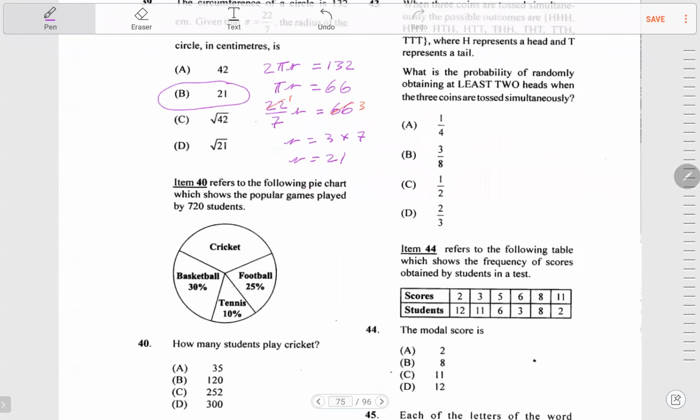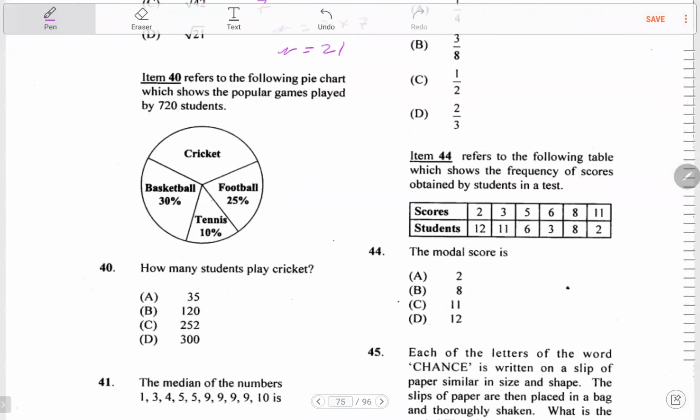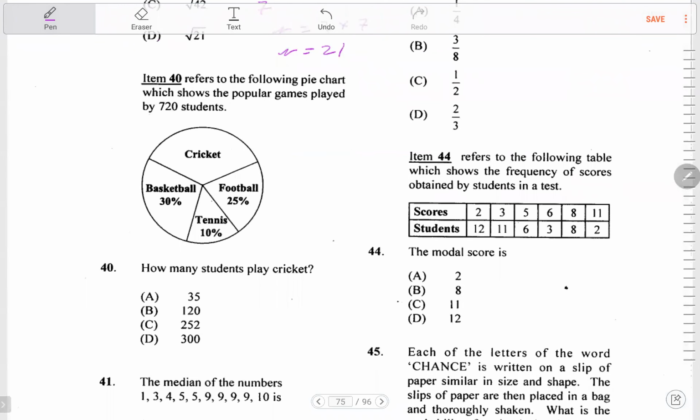Next question. The question says, item 40 refers to the pie chart which shows the popular games played by 720 students. Everything adds up to 720. How many students play cricket? These are percentages, and the total percentage must be 100.